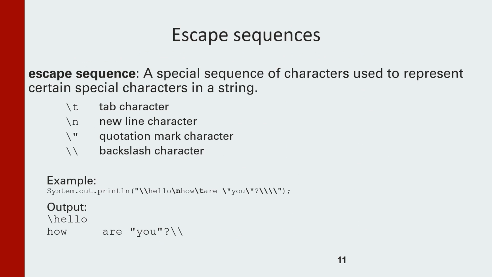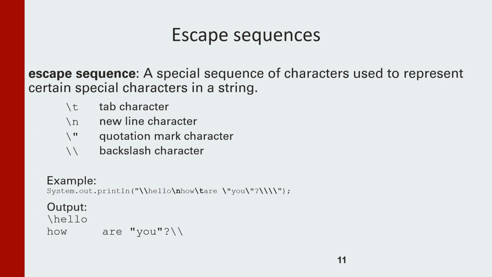I'm going to have these escape sequences. We were just talking about System.out.println. An escape sequence is a sequence of characters that are used for special characters in a string. So \t is a tab character if you want to have that printed out on your console. \n is a new line. \" will give you quotation marks, and \\ will give you a backslash.